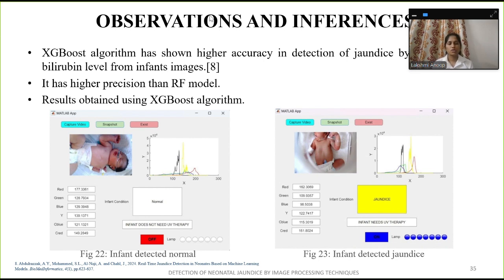Here, the values of the red, green, blue, Y, Cb, and Cr channels are obtained, and then the values of the B and Cb channels are correlated, and then the condition of the infant is detected, whether it is normal or jaundiced.